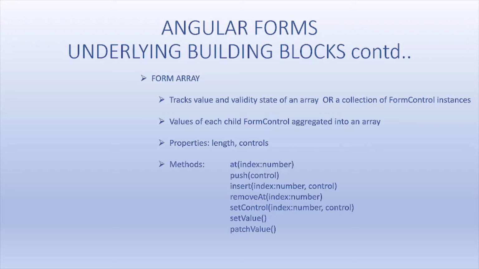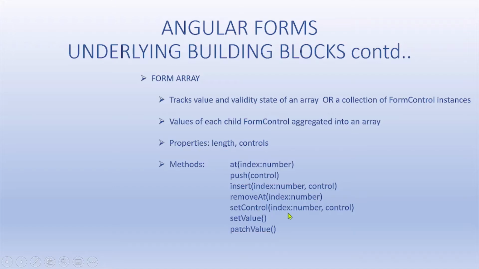The methods we could use are at, so we could access a particular form control at a particular index in the form array. We could append a form control to the form array. We could insert a form control at a particular index or position in the form array. We could remove a control at a particular index in the form array.